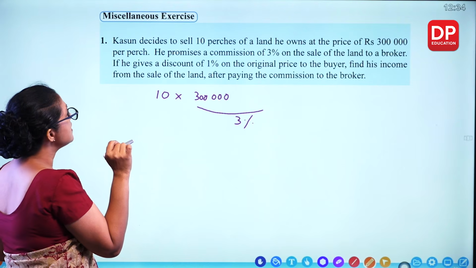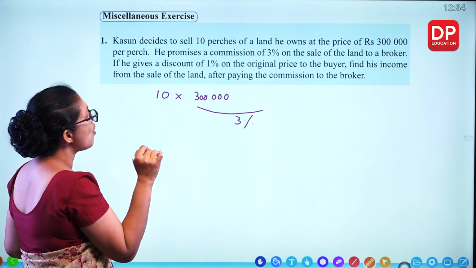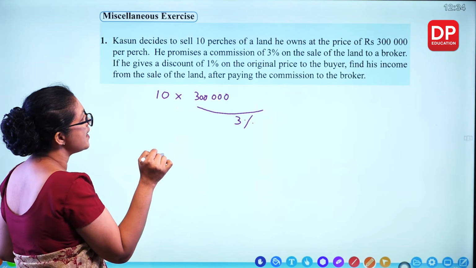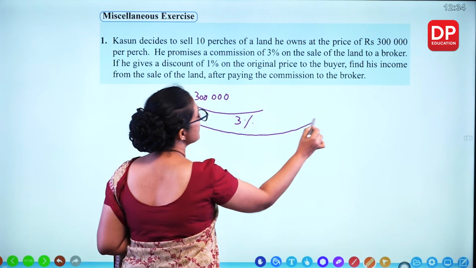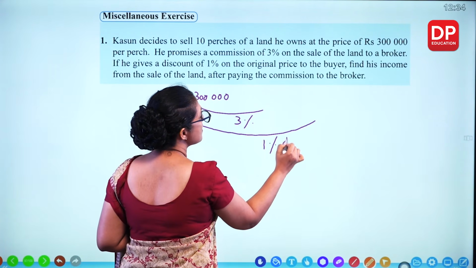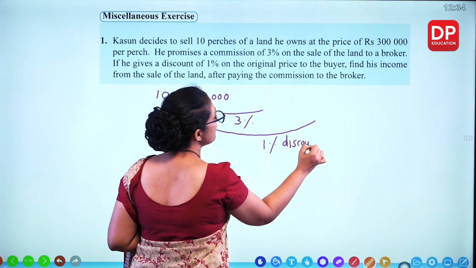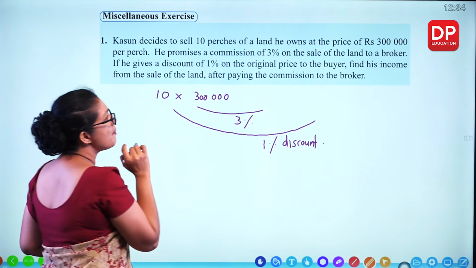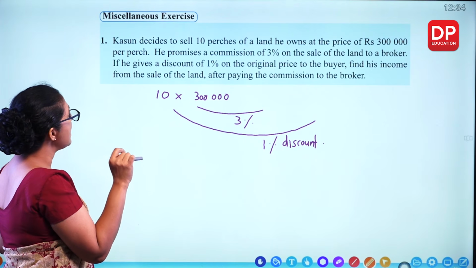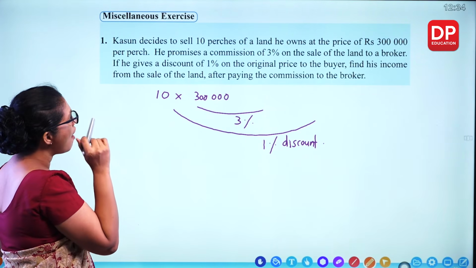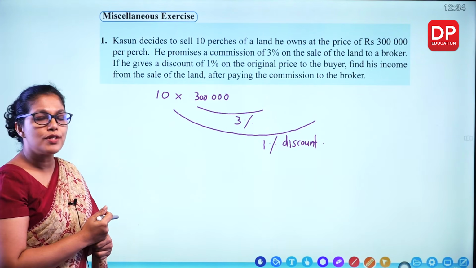If he gives a discount of 1% on the original price to the buyer, find his income from the sale of the land after paying the commission to the broker.